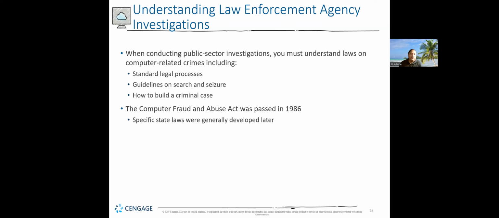The Computer Fraud and Abuse Act was passed in 1986. Specific state laws were generated later. So first, the federal government passed something, then state and local governments came after it and developed laws related to it. California has some. I don't remember what they are off the top of my head, but I can look them up later and let you guys know if you're curious. Just inbox me. We'll go from there.